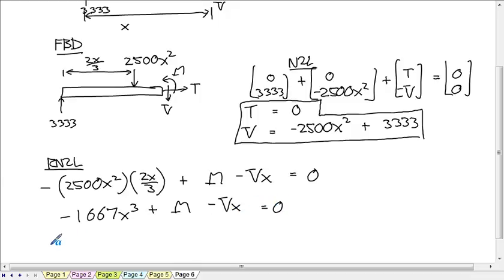We're trying to solve for M. So M is equal to 1,667x to the third plus Vx, so plus negative 2,500x to the third plus 3,333x.